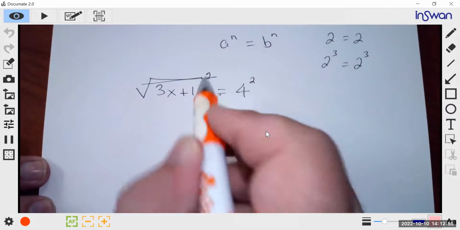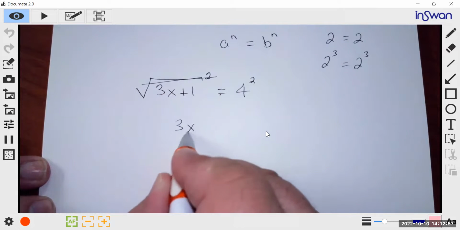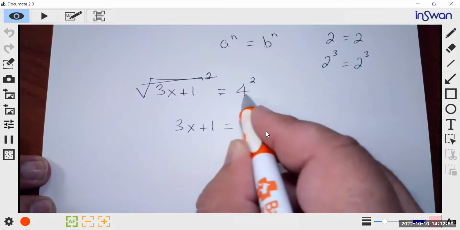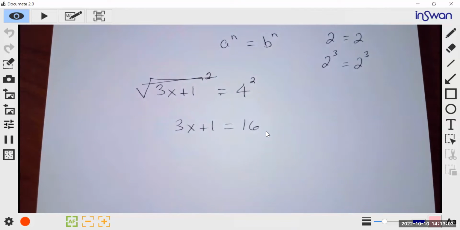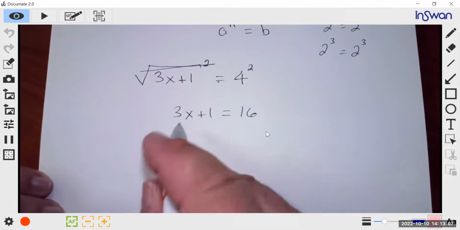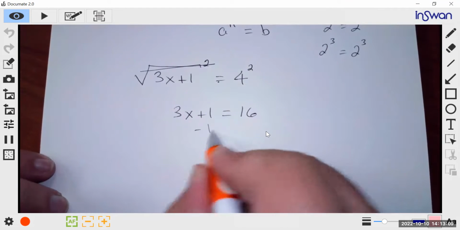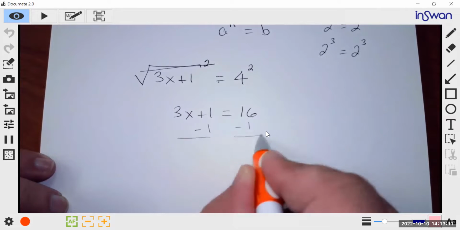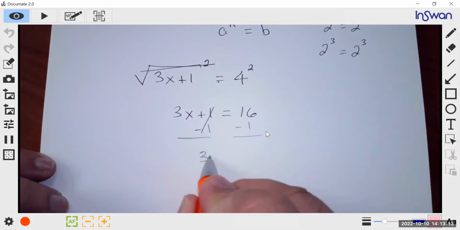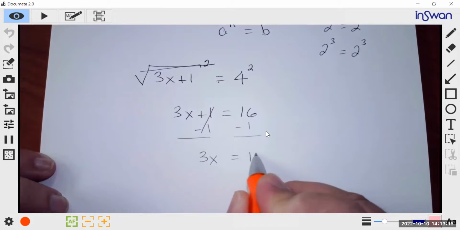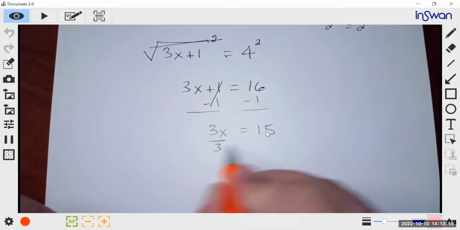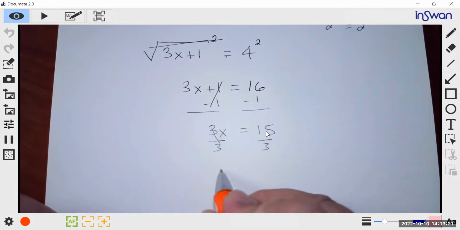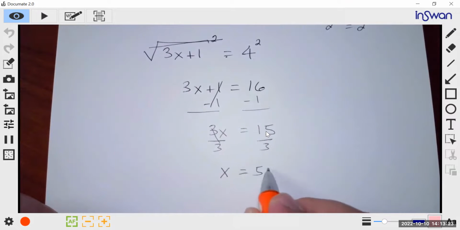So the square root and the square cancel, leaving me 3x plus 1. 4 squared is 16. Yeah, 4 times 4 means 16. Now solve for x. Subtract 1. 3x equals 15. Divide by 3. X equals 5.